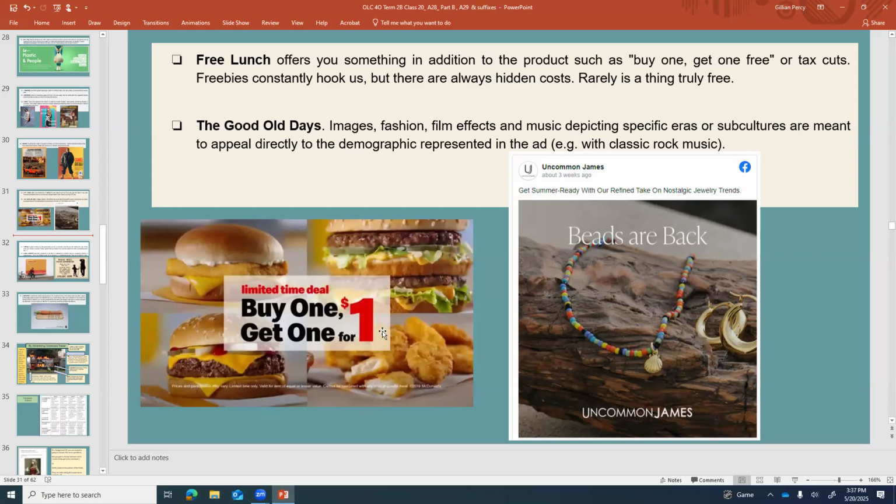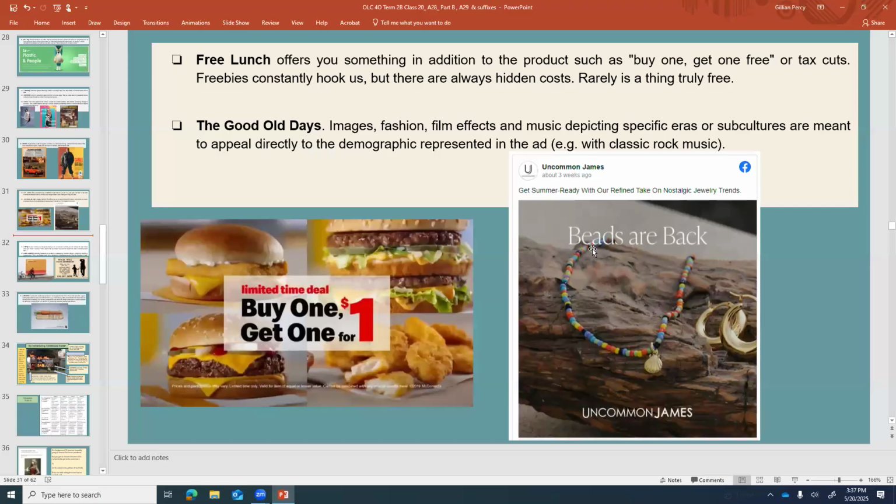Limited time deal, buy one, get one for $1. In the summertime, McDonald's will often do $1 drinks because they know that if you come by for the $1 drink, there's a really good chance you might also buy a hamburger, or your kids will want you to buy a hamburger. So they actually make money on it, even though it is a good deal.